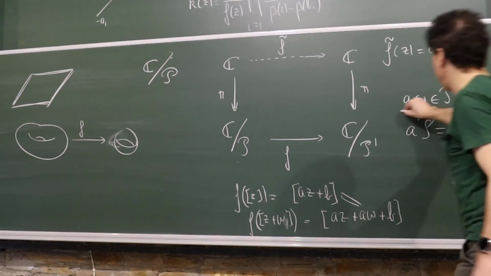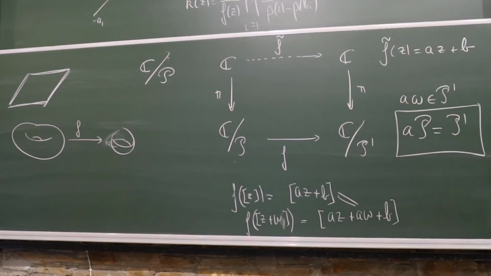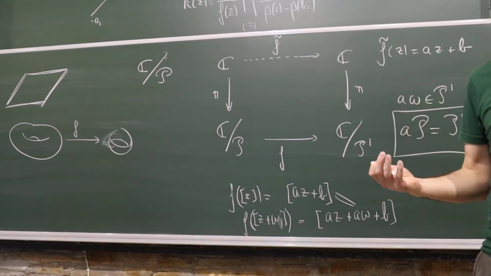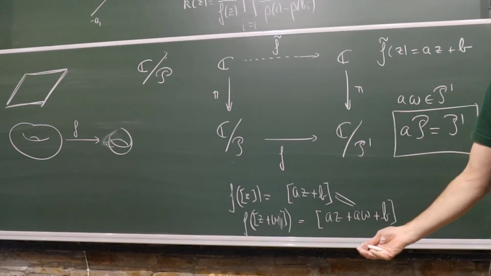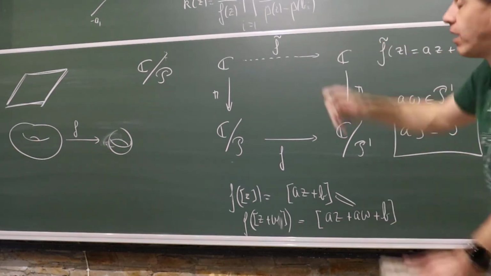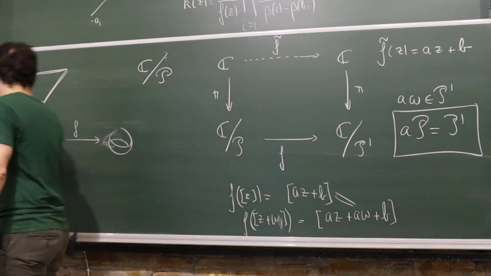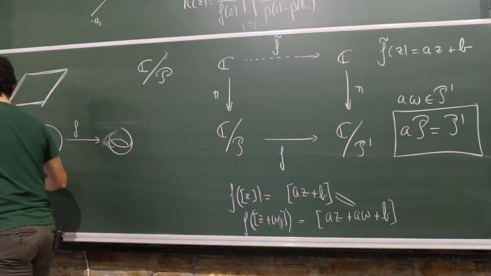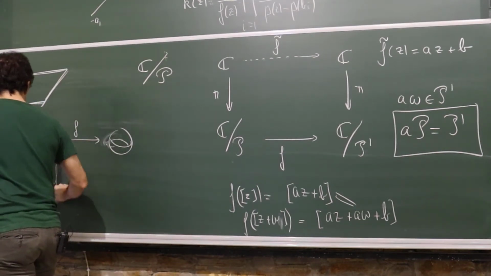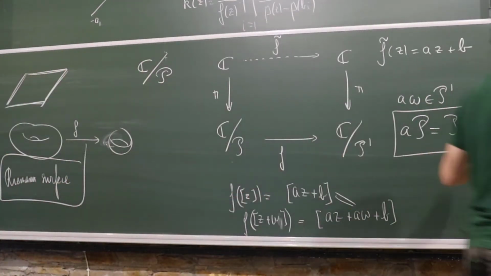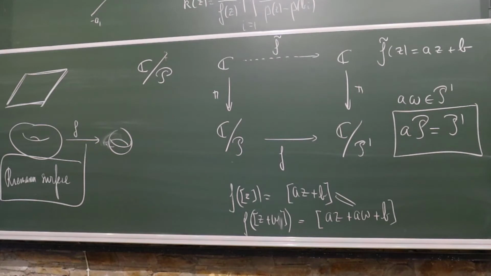So two lattices represent the same torus, as what is called a Riemann surface, if and only if they are similar. Okay. So that is one of the reasons to consider only similarities like this. Okay.